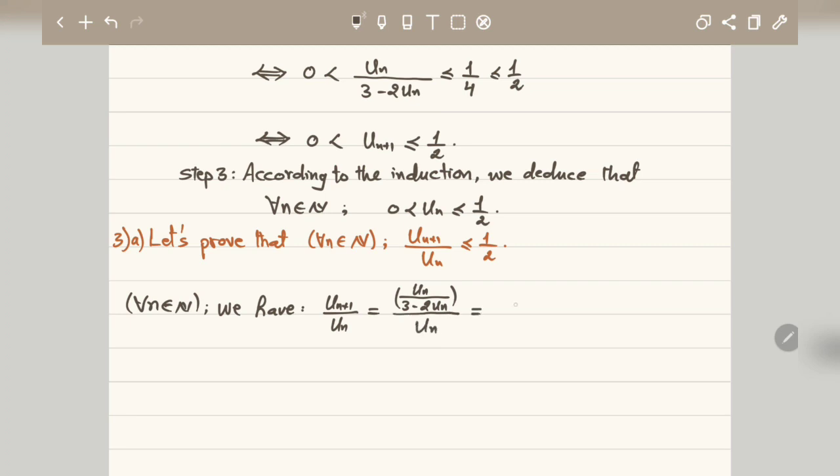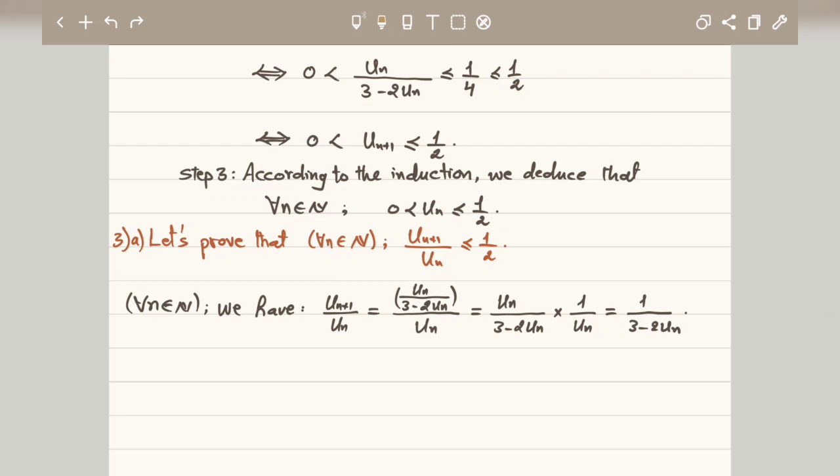By division of fractions, the division becomes multiplication by the inverse of the denominator. So we have 1 times 1 over un. We cancel un with un: 1 over 3 minus 2un.